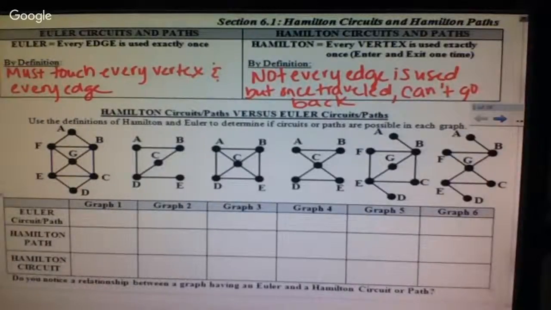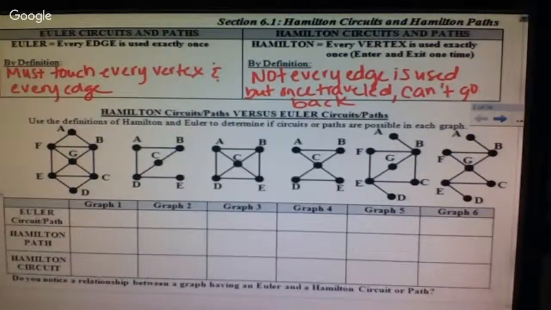So if we take a look at graph 1, let's go back over Euler. So if you look at graph 1, is this an Euler circuit, path, or neither? And what tells us that? It's neither.